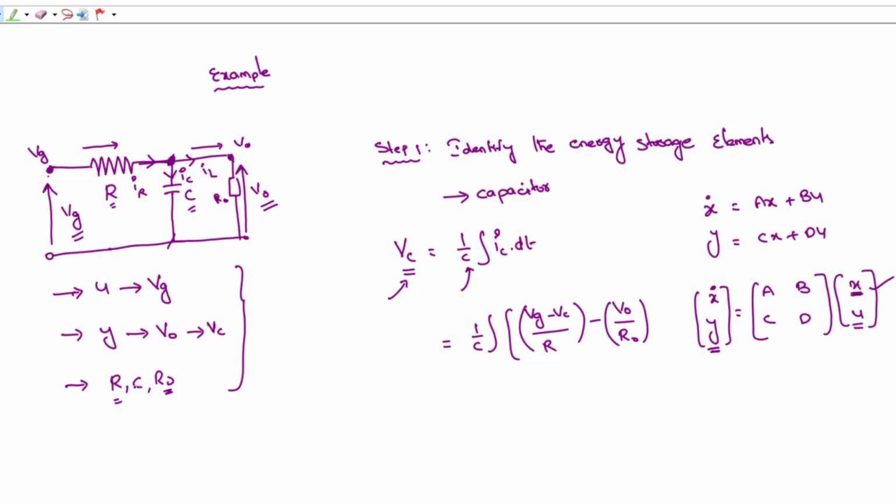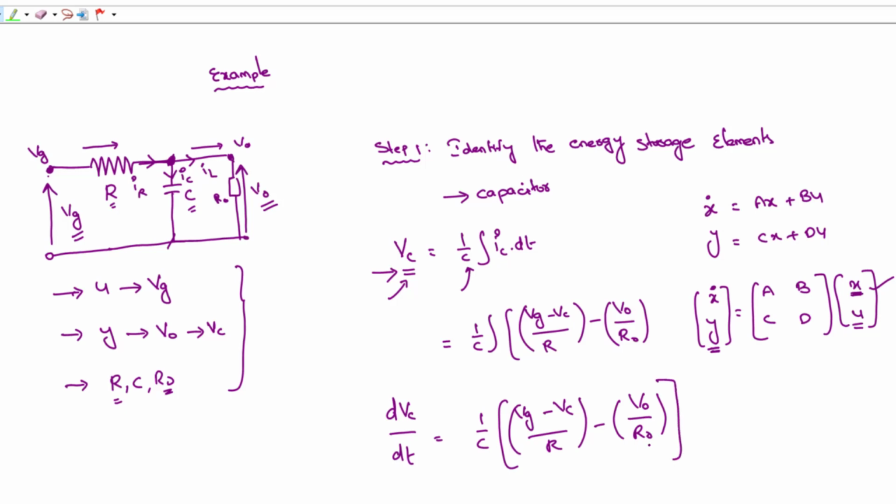Okay. So now we want it in the form of x dot. Now Vc we will integrate. dVc by dt is equal to 1 by C multiplied by Vg minus Vc by R minus V0 by R0.